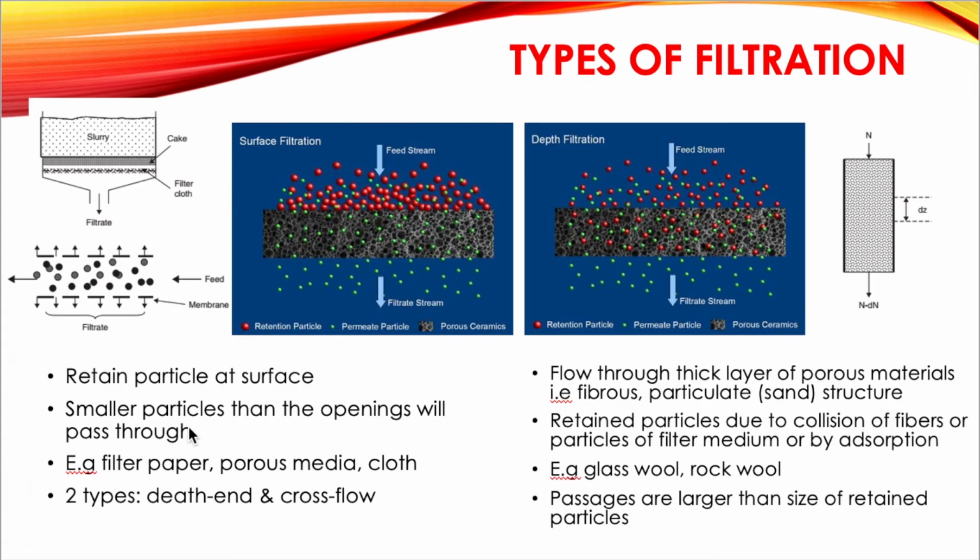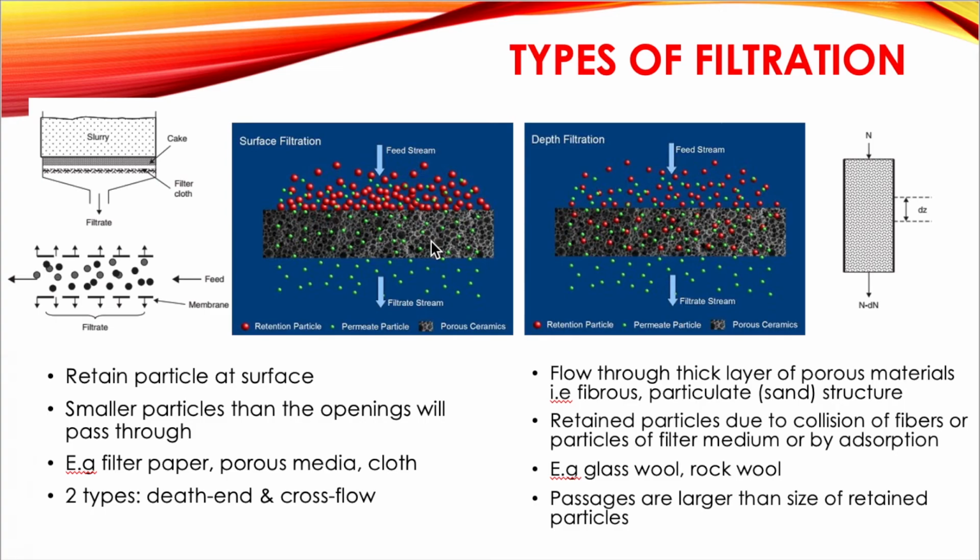The smaller particles then pass through the openings. An example of this process is when we use filter paper or porous media, as well as cloth. This is a common way of filtering out your materials in the lab, where you use a filter paper.